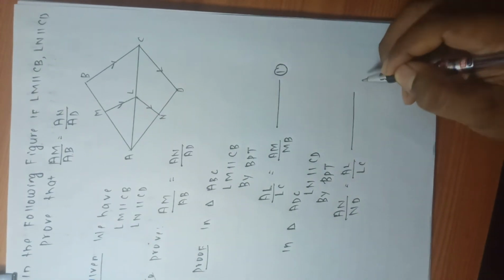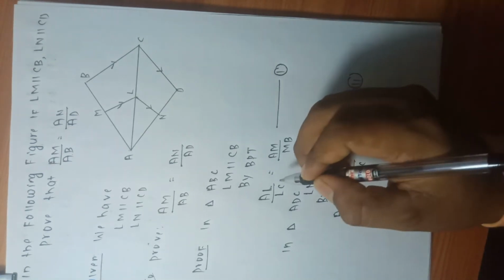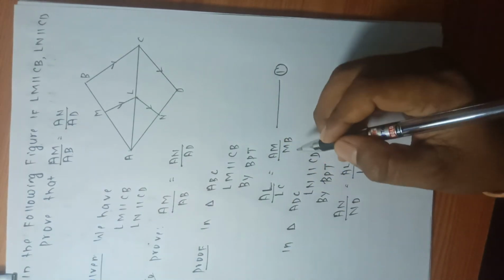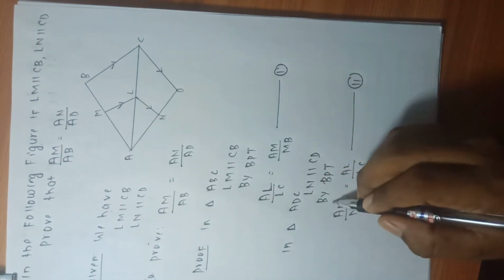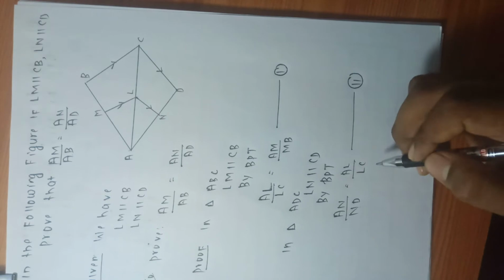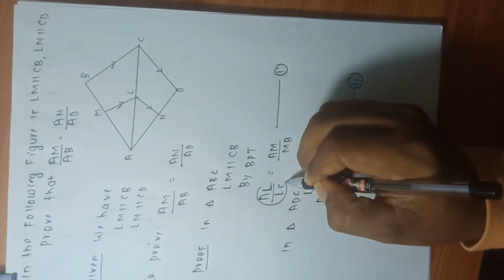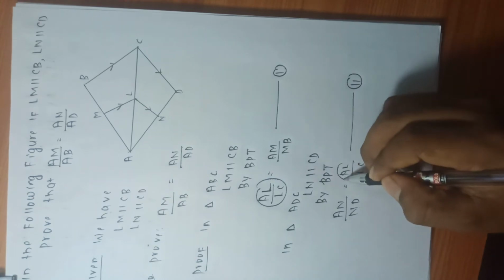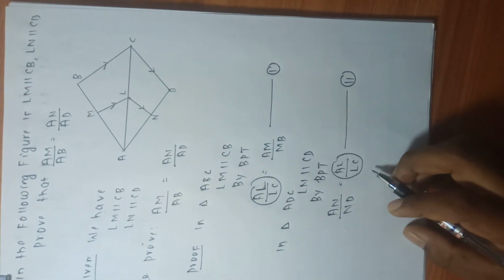Equation number 2. You can see in equation number 1, AL by LC equals AM by MB, and in equation number 2, AN by ND equals AL by LC. So AL by LC is common in equations 1 and 2.